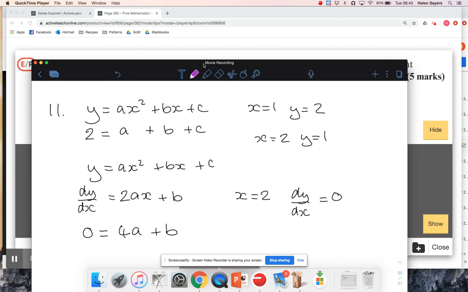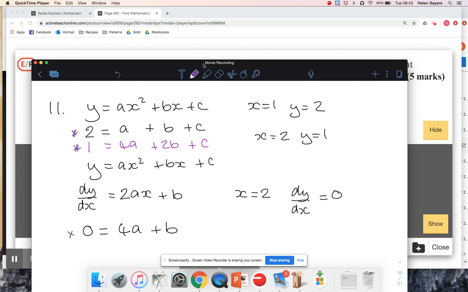If I do the same thing that I did before, when y is 1, x is 2, so 2 squared is 4, that's going to be 4a, that's going to be 2b, and that is going to be just plus c. Okay, so now I have got 3 equations, so now I am going to be able to solve it.